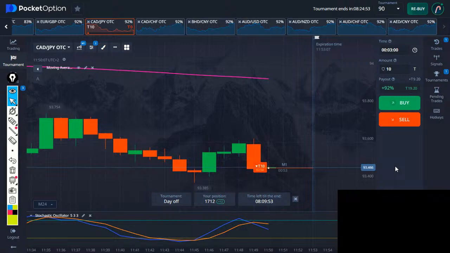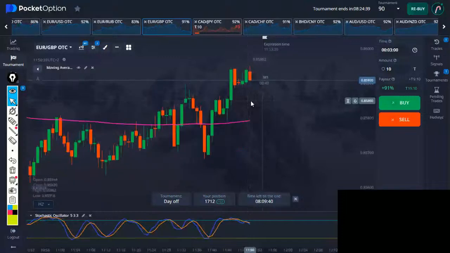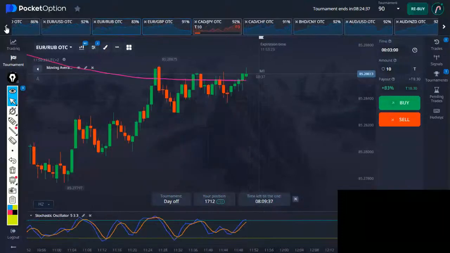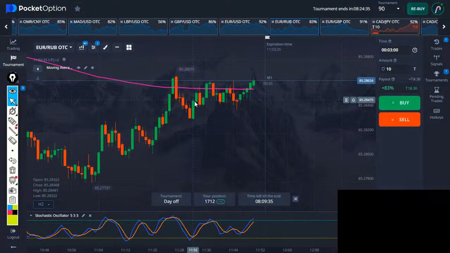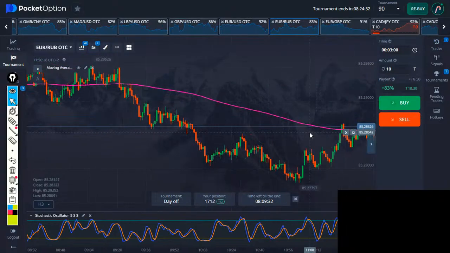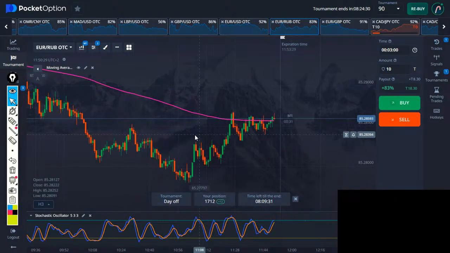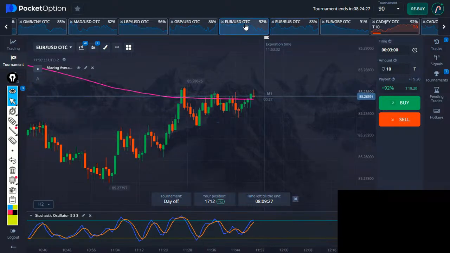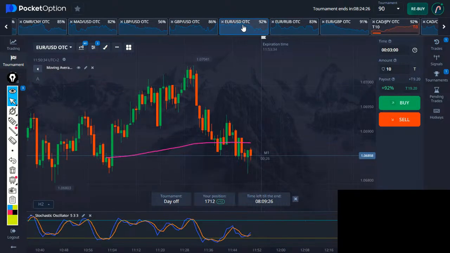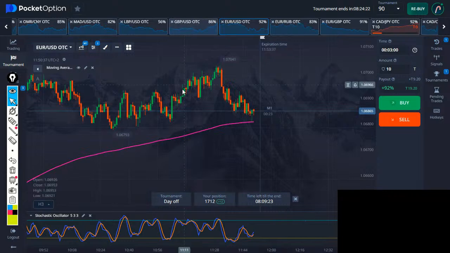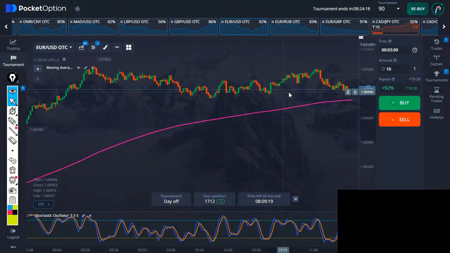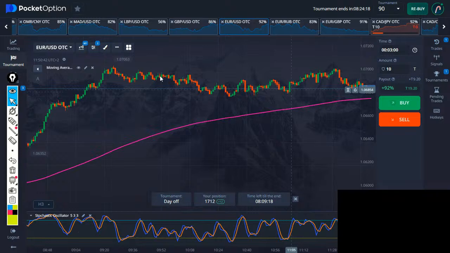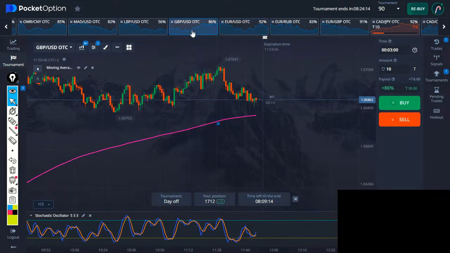In the meantime, let's look for another opportunity. I won't take this one for a buy as we have weakening buyers over here, so I'll avoid it.